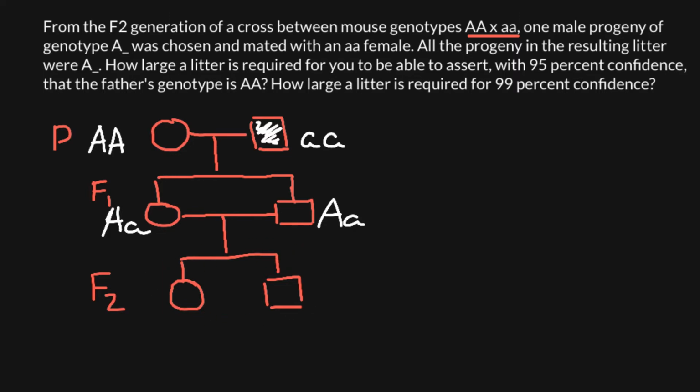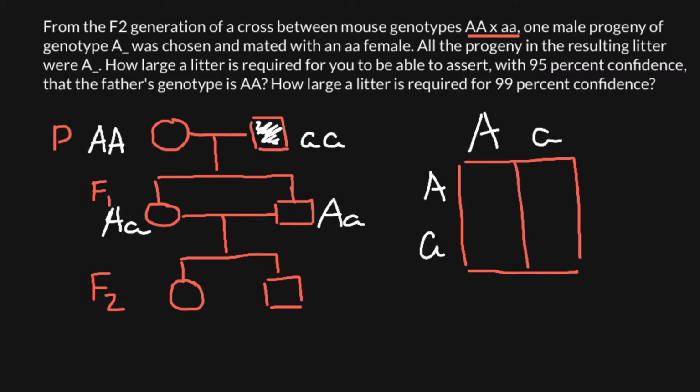But what can we say about the F2 generation? We build a simple Punnett square: the genotype of one parent on top, the genotype of the other parent on the side. Both of these parents came from the F1 generation, and we know that 100% of the animals in this litter would be heterozygous.